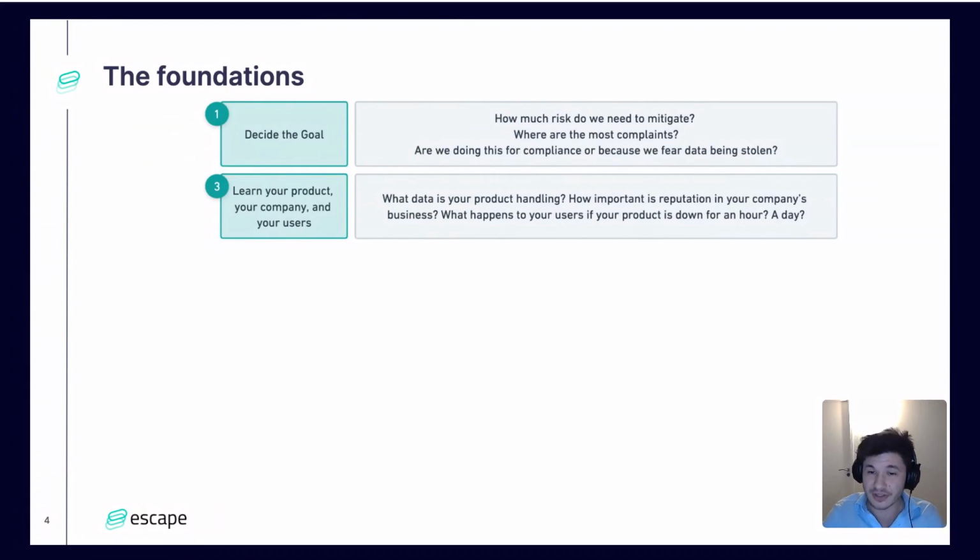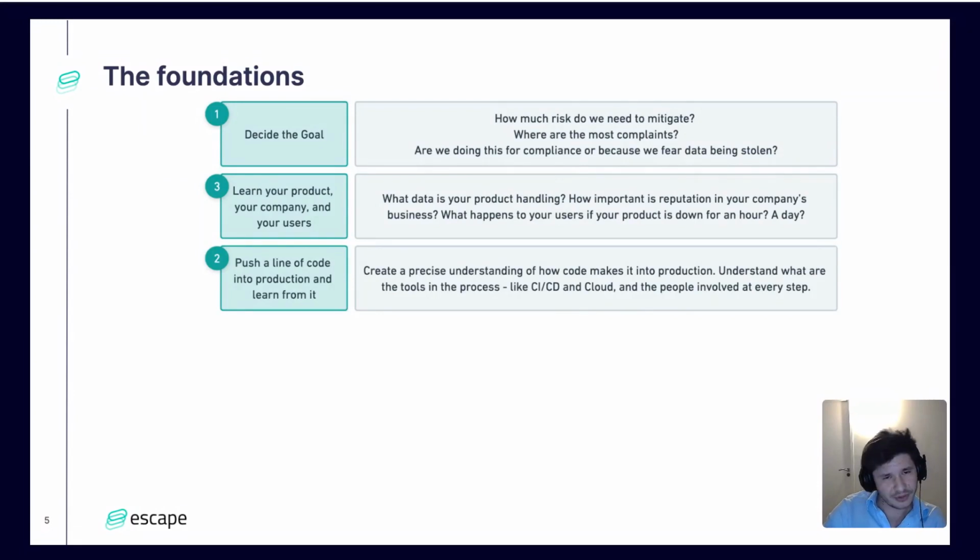How important is the reputation to your company? What happens to your users if your product is down for an hour or a day? It means that you don't yet perfectly understand how your product is integrated into your broader business scope and how to protect it. So understanding and being an expert of the product that you need to secure is very important to create the right strategy and to prioritize the right steps of any product security program.